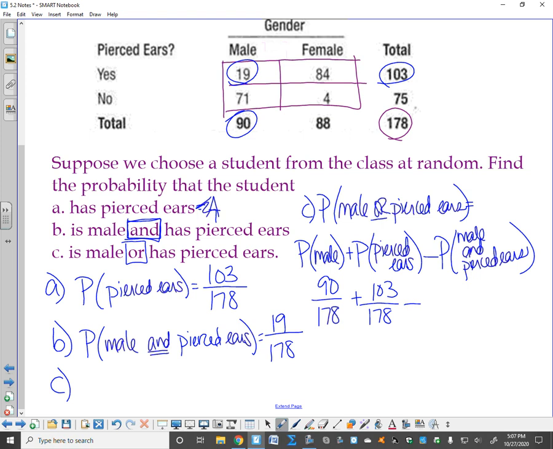These 19 people are in both of these, so they're getting counted twice. So now I take out the male and pierced one time, and that gives you 174 over 178.